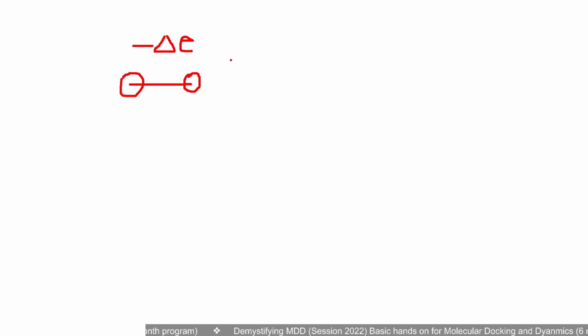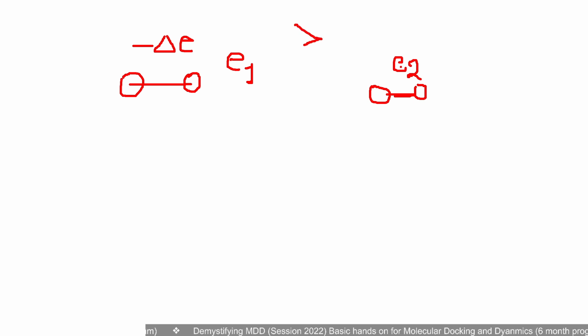For that there will be some energy E1, and for another system there will be some other energy E2. E1 could be more than E2, or E1 could be less than E2, or they might be equal.